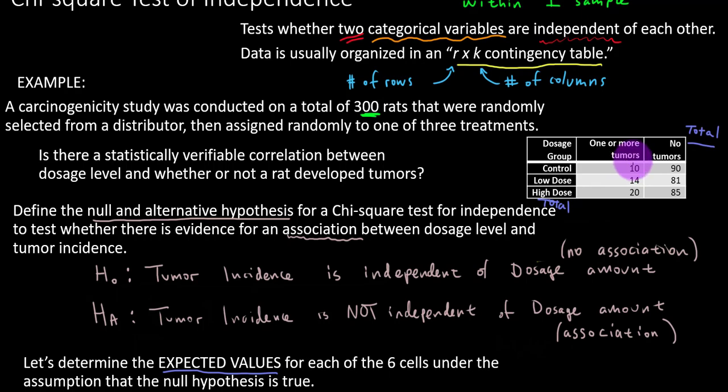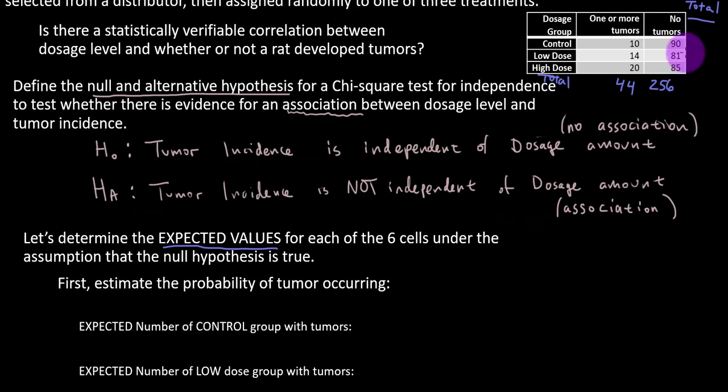Adding up the number of rats who experienced at least one tumor, that looks like a 44. The number of rats that did not, 256. Then the total number of rats in the control group appears to be 100. I'll use a separate color. 95 in the low dose group and 105. And of course, adding up this column total, all the marginal totals here, we get the sample size of 300.